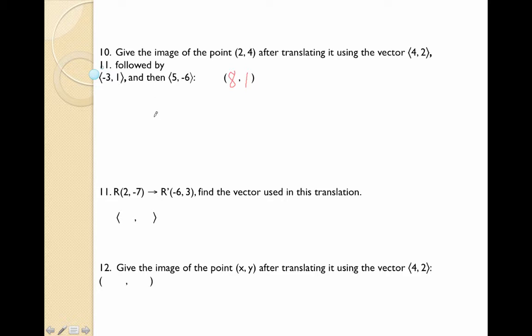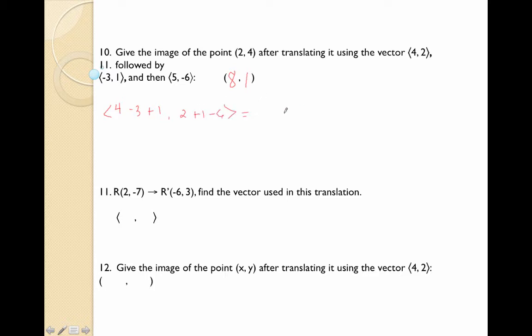You can also say, well, if I'm going to take 3 vectors all together, then you can say, okay, so the total vector is 4 minus 3 plus 5, this is what we just learned on the previous slide, and 2 plus 1 minus 6.